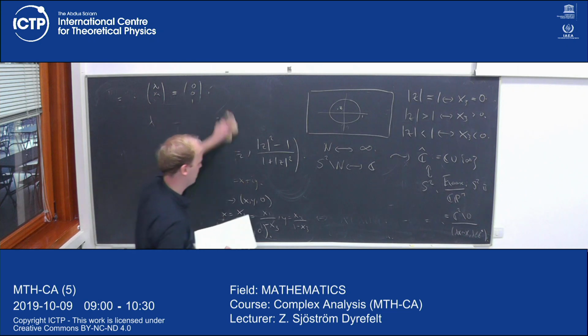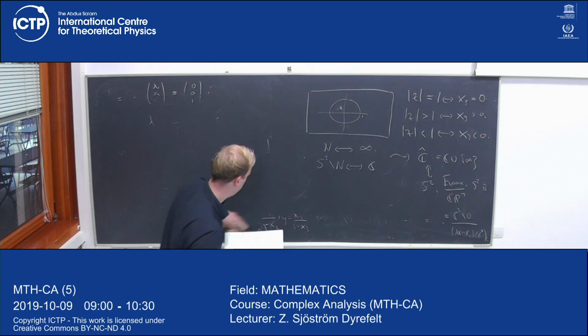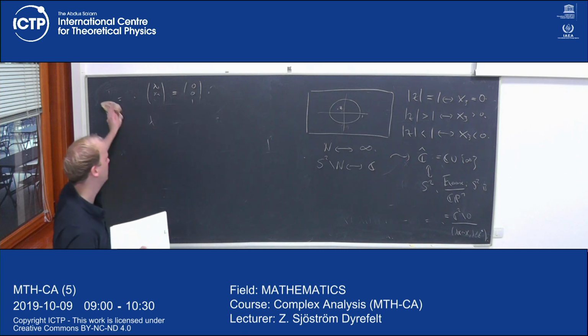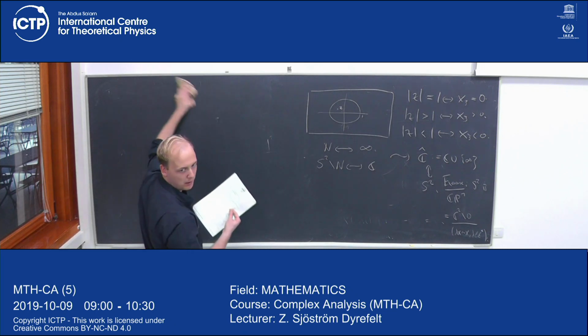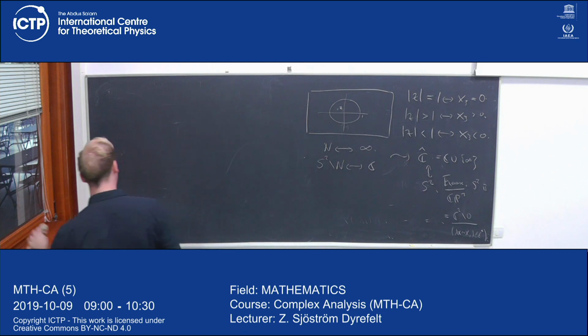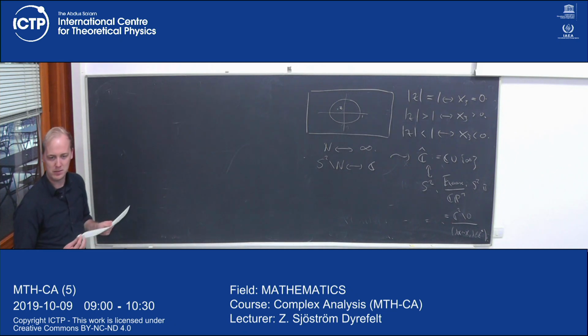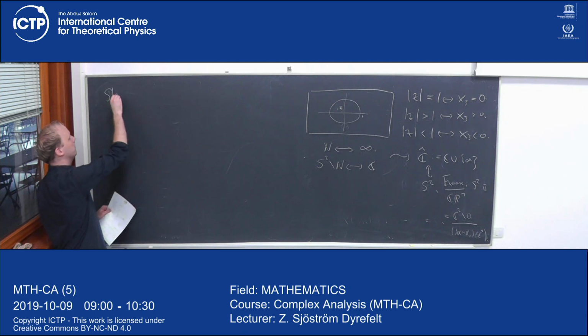So we have this stereographic projection, what's the name of this map. The stereographic projection associates z to a point in the extended plane, so on S2 minus that. So is it clear what stereographic projection is? So stereographic projection, let me just write it again.